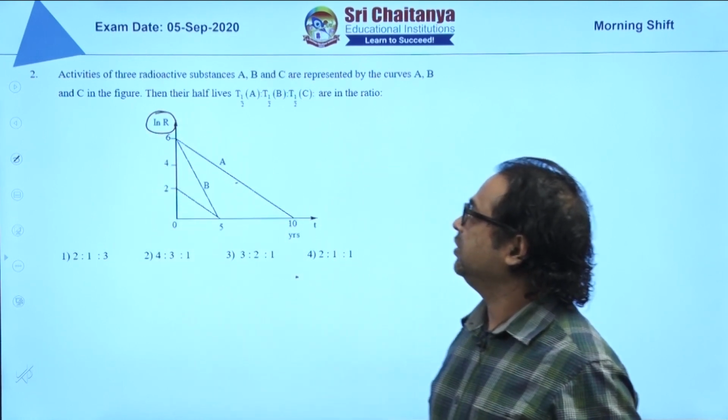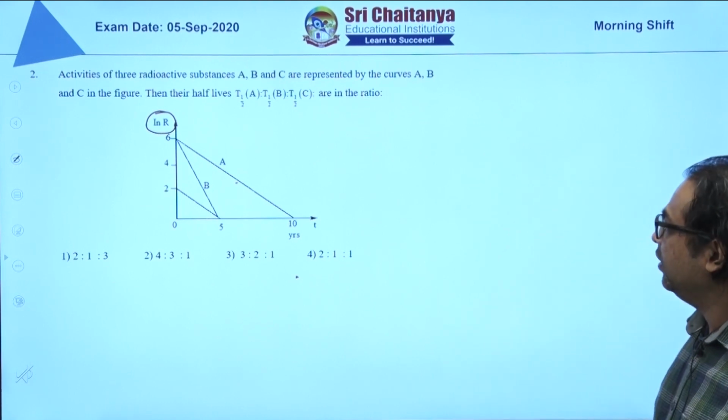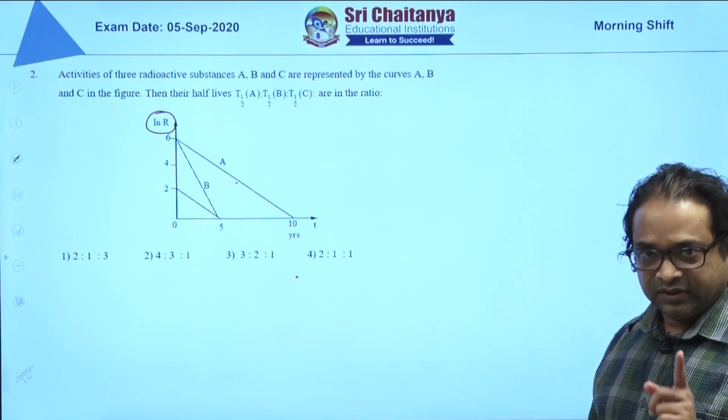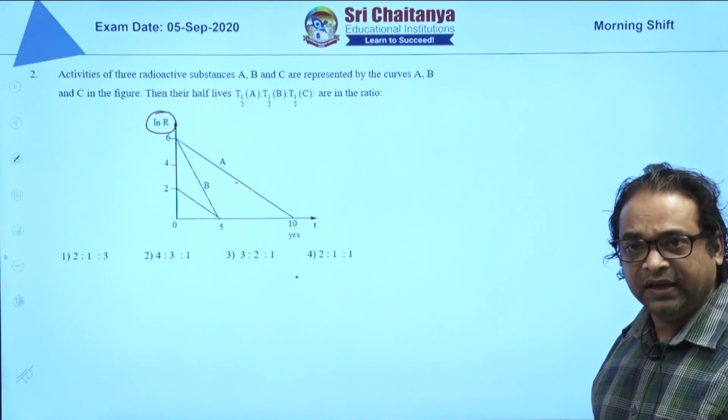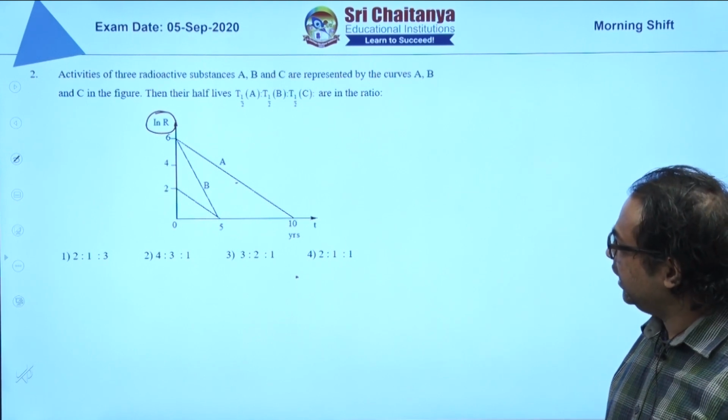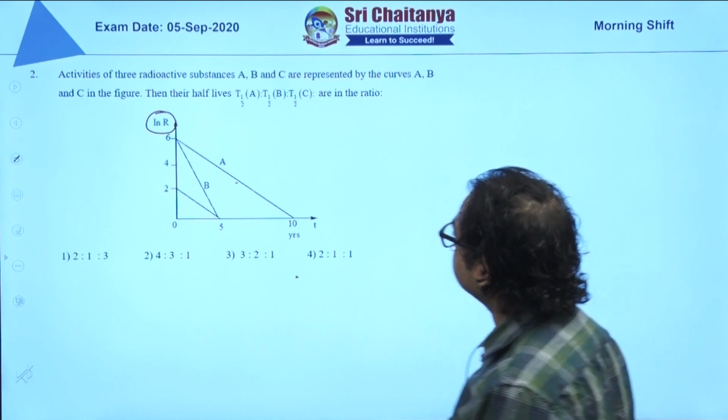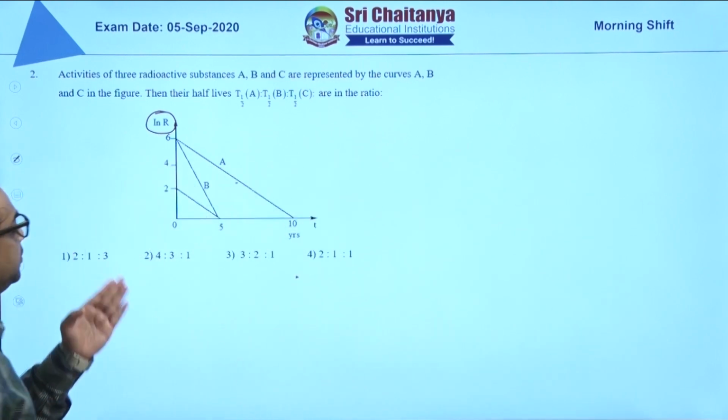It is not the rate, rather ln of R versus time, and this is the equation of a straight line, y is equal to mx plus c.